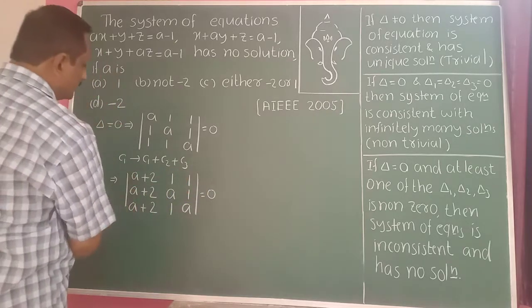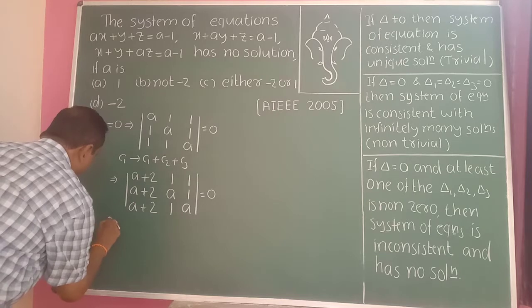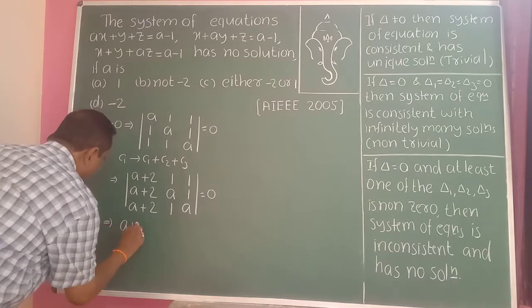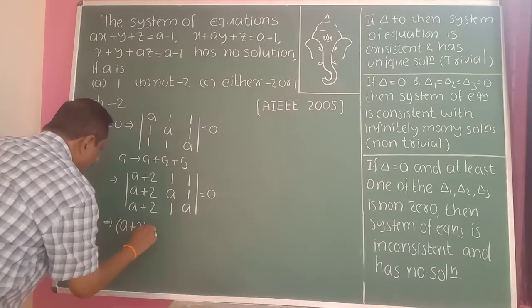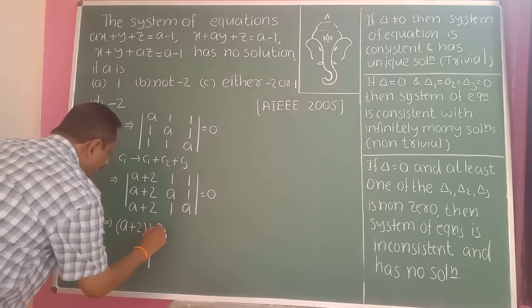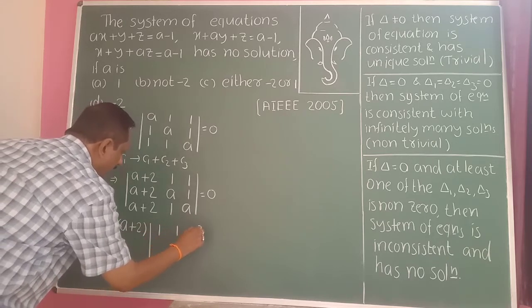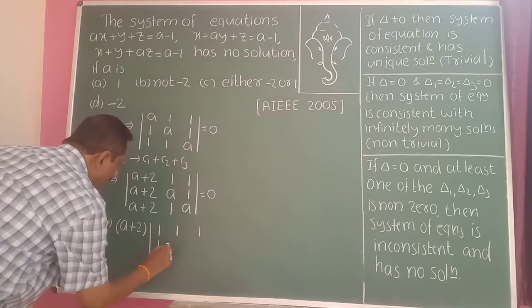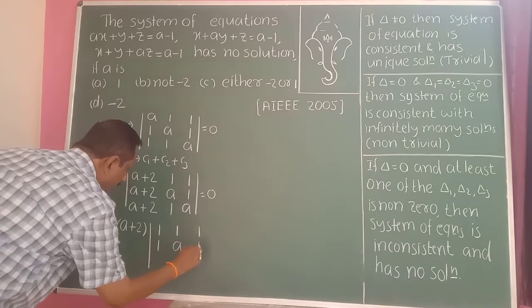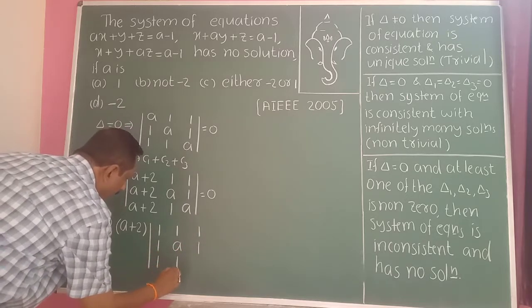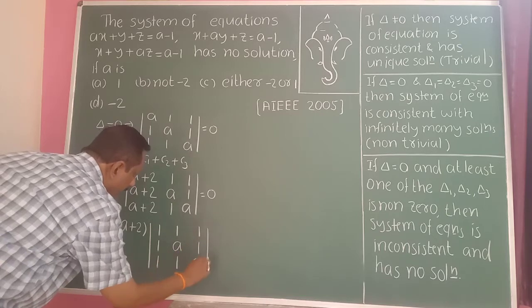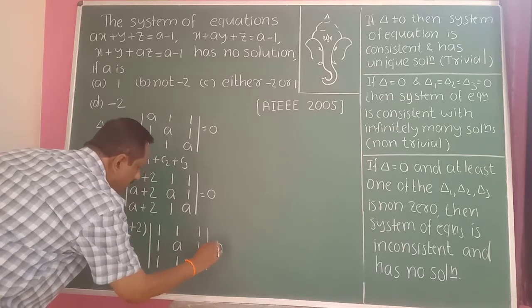Here A plus 2 is the common factor, so take it outside. The determinant of 1, 1, 1; 1, A, 1; 1, 1, A is equal to 0.